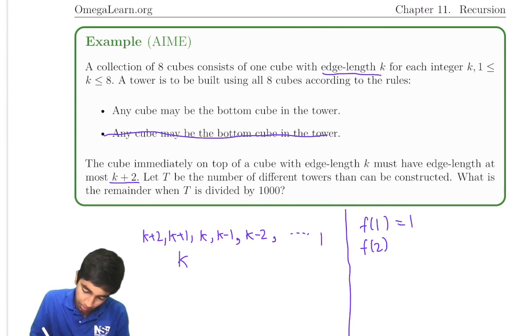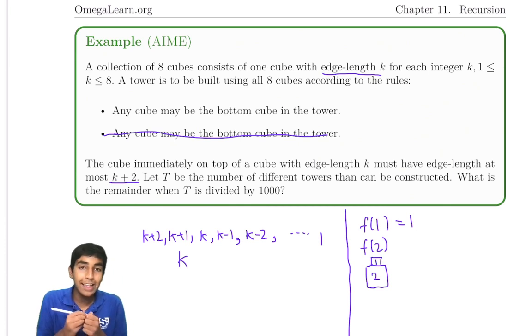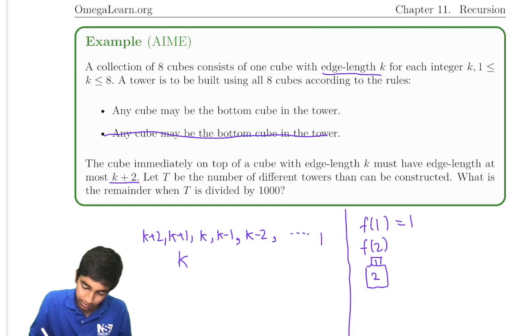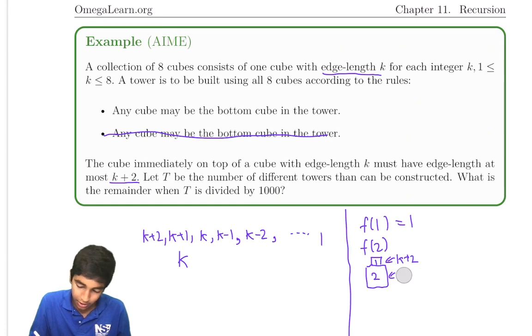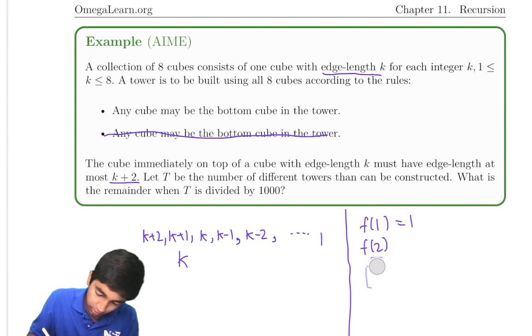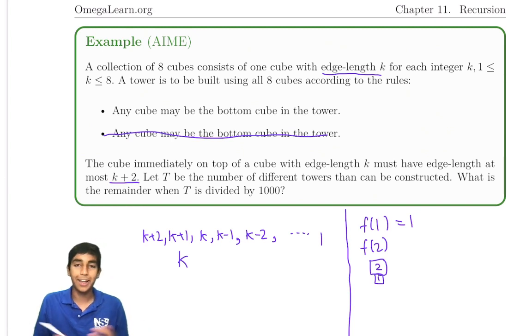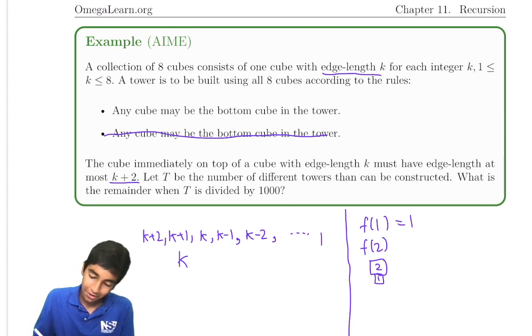If the 2 cube is at the bottom, then 1 cube could be on top, because if this is k, this has to be at most k plus 2. And in this case, that definitely holds true, because 1 is much less than 4. And the other way around also works, because 2 is less than 1 plus 2, or 3. So f of 2 is just 2.